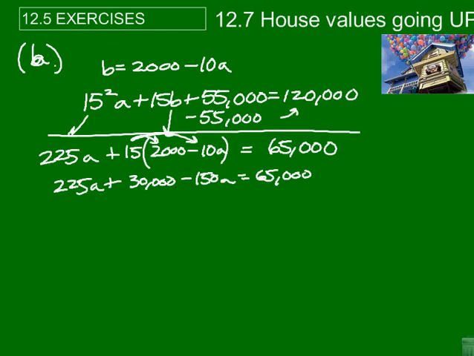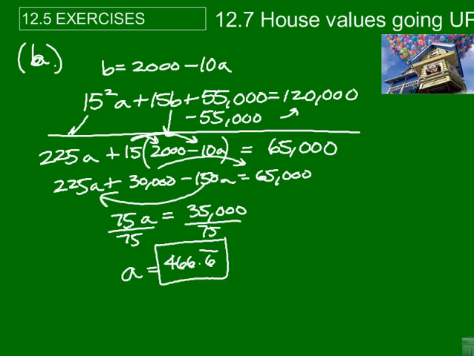Substitute in the value for the b, go about doing the algebra, distribute, combine like terms, subtract off the 30,000, divide by the 75, which is the combined like term for the a's, and I end up with an a of 466.6 repeating.